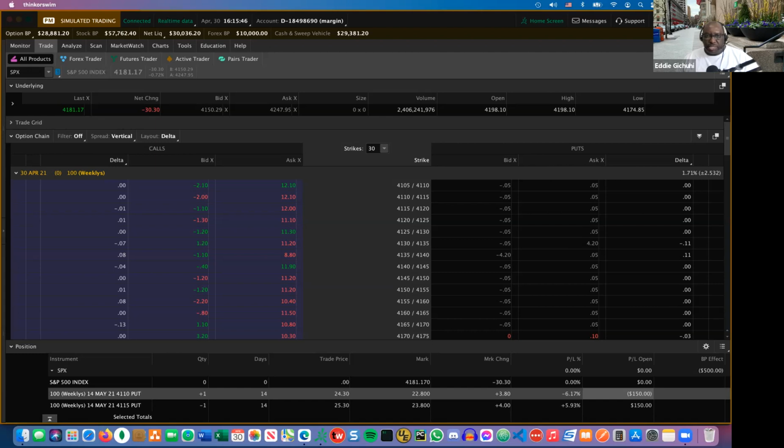TradeStation treats these a little differently, by the way. From what I have heard, if they're going to give you, for instance, 60 cents credit, which is, if you're selling one contract, that's $60, right?